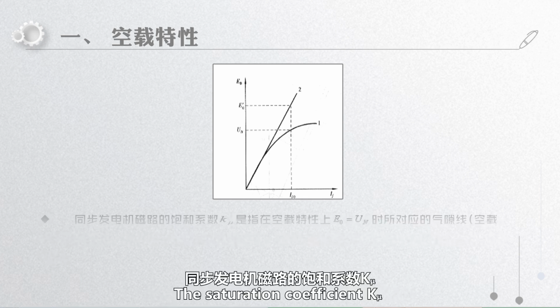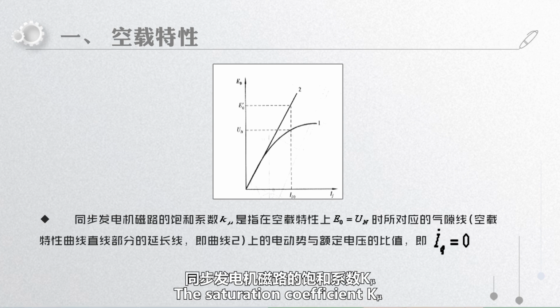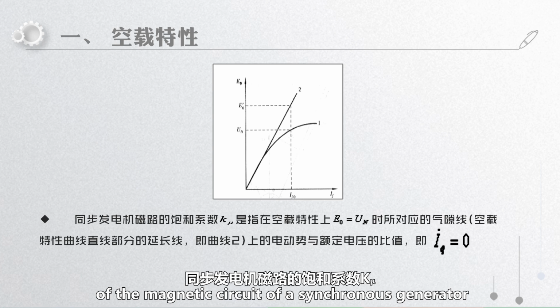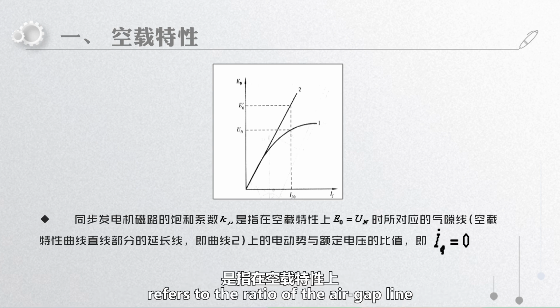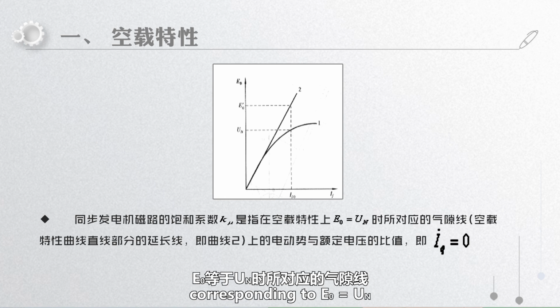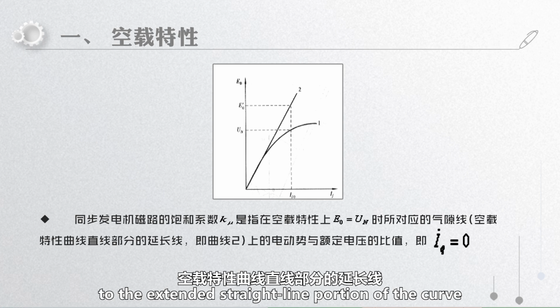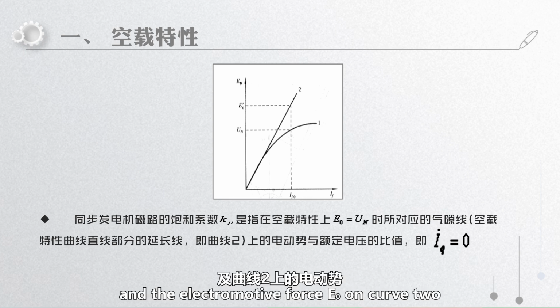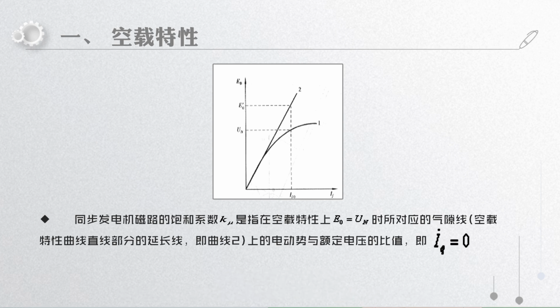The saturation coefficient K-mu of the magnetic circuit of a synchronous generator refers to the ratio of the air gap line, corresponding to E0 equals UN on the no-load characteristic curve, to the extended straight line portion of the curve, and the electromotive force E0 on curve 2 to the rated voltage, that is, K-mu equals E0 over UN.